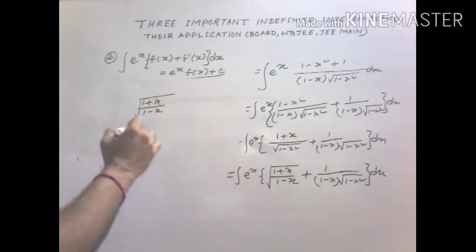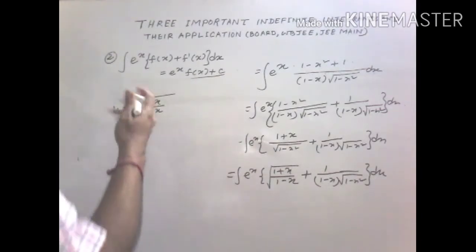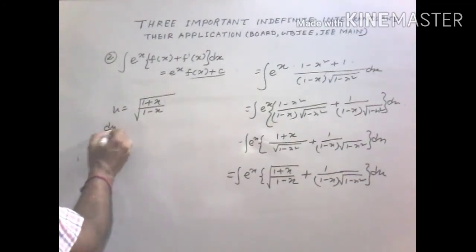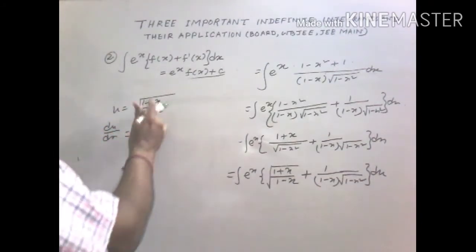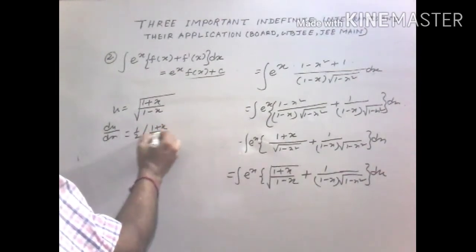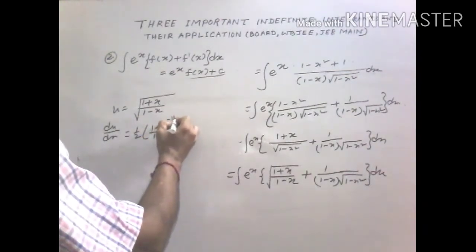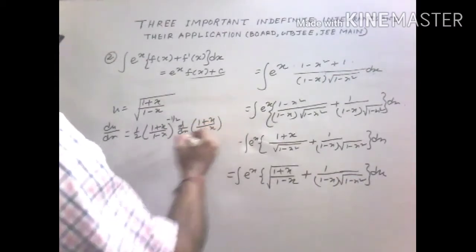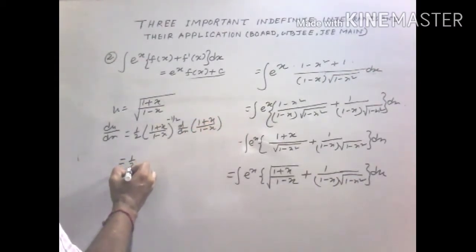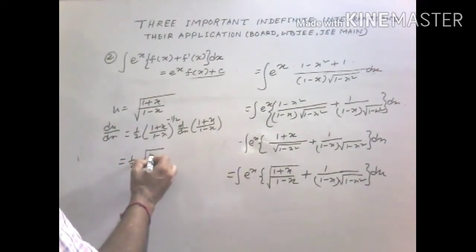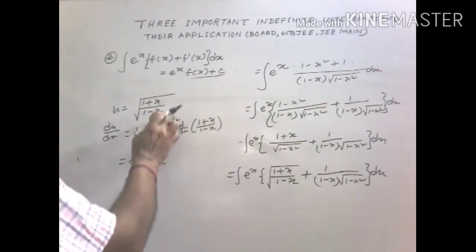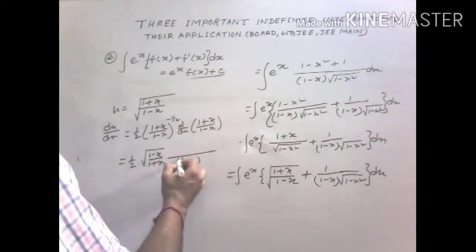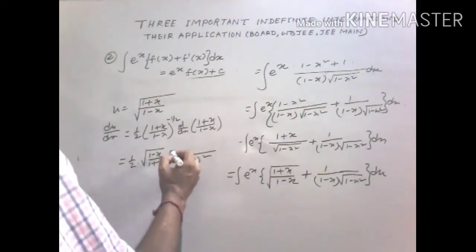If we consider this as u, its derivative du dx is half of, power is half, 1 plus x by 1 minus x whole to the power minus half into d/dx of 1 plus x by 1 minus x. Now this one is half of 1 minus x by 1 plus x whole to the power half, at the denominator 1 minus x whole square.